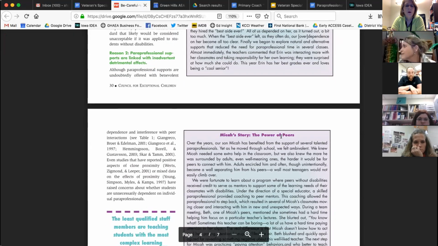Group 2, you looked at paraprofessional supports being linked with inadvertent detrimental effects. What did you learn? We just talked about, in relation to what we read, just kind of living it, seeing what they were talking about within the article, saying that students have become dependent on the associate, not necessarily just for academic reasons, like not having the ability to self-start a project or an assignment, but also having peer interactions or a lack of peer interactions in relation to being dependent upon the associate.